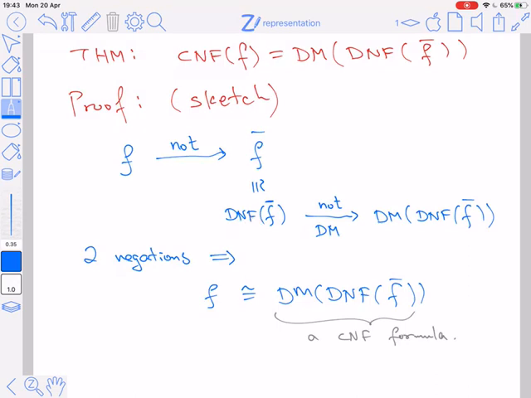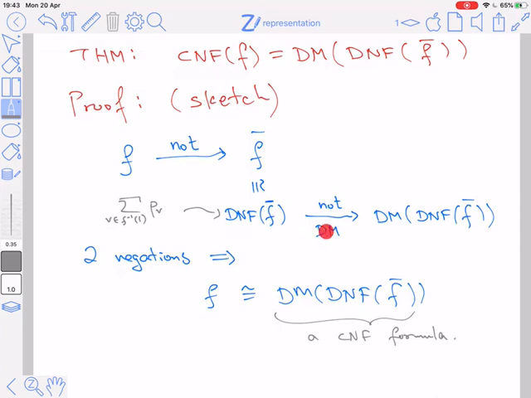Okay, so let me write this to make sure that you follow. This is the sum of all the P_V where V is in f^-1(1). Right? This is exactly what this formula is. Now we apply the DeMorgan dual to this formula.